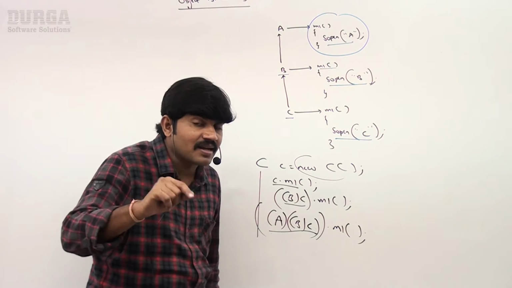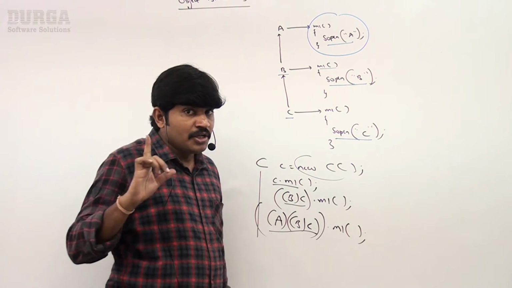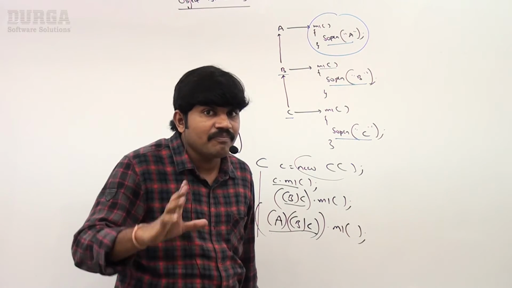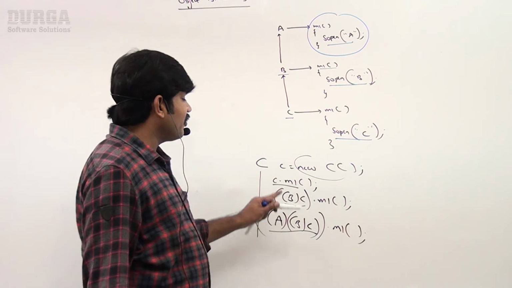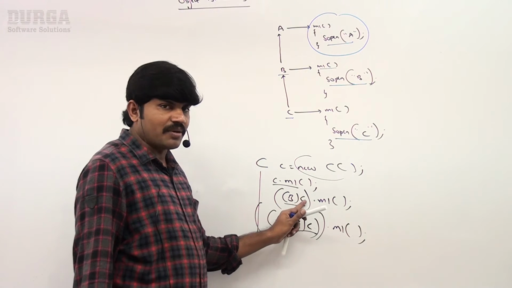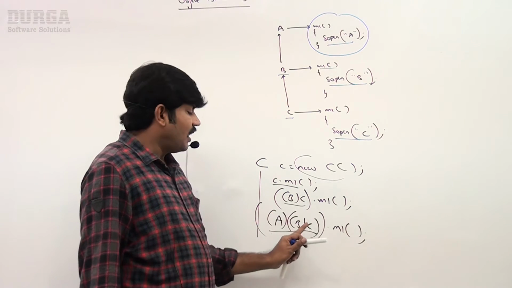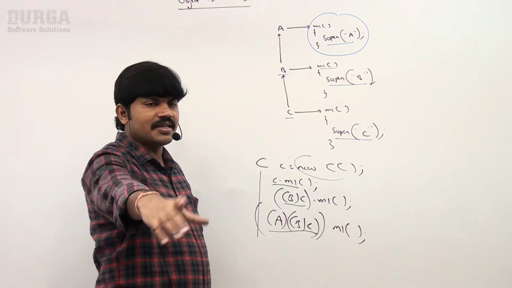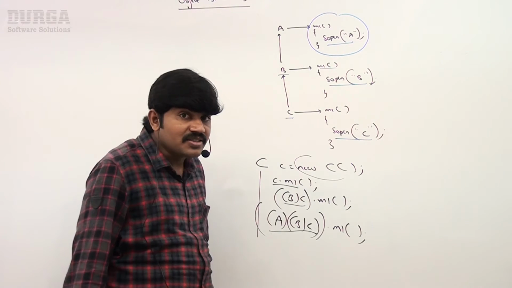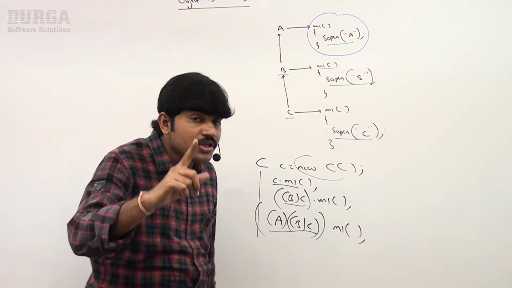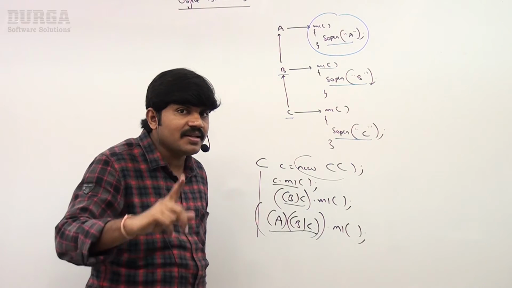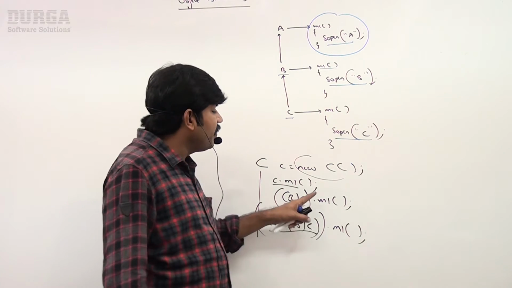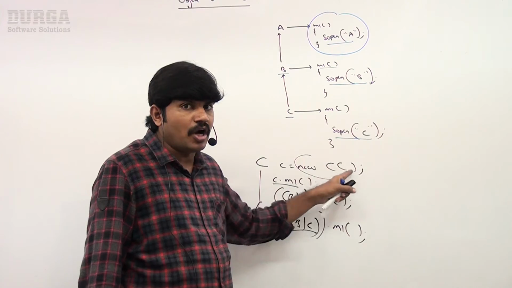Whether you are calling c.M1, typecasting C to B and calling M1, or typecasting C to A and calling M1, in all cases only the C class method will get the chance, because in overriding, method resolution is always taken care of by the JVM based on the runtime object.